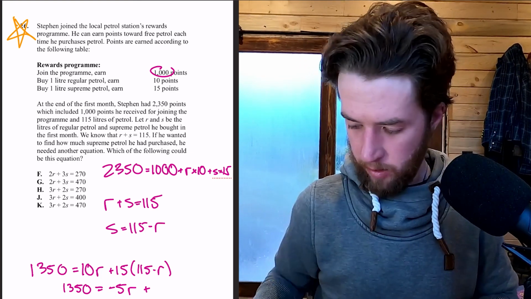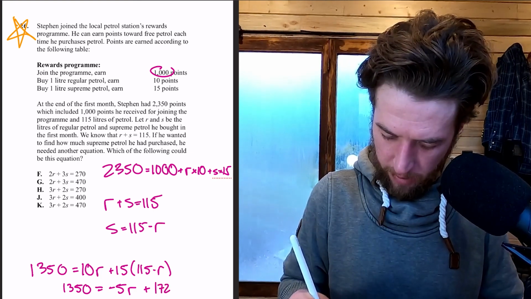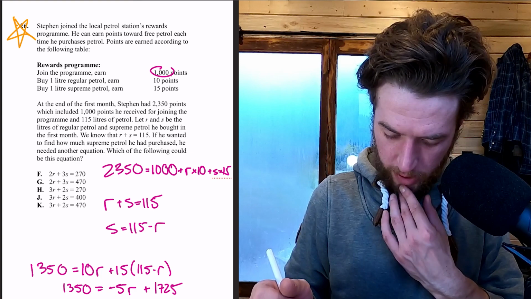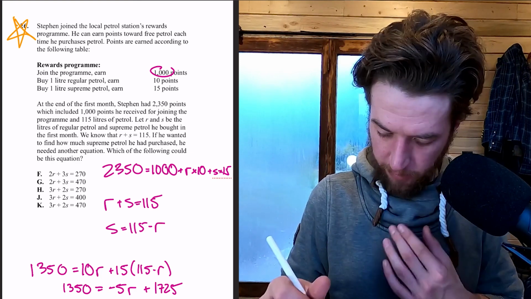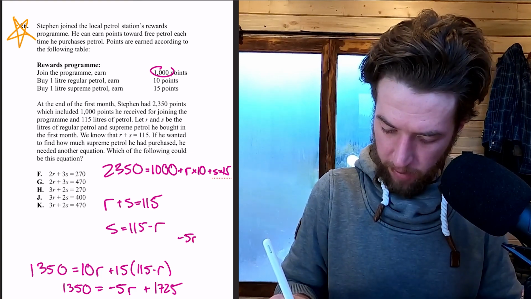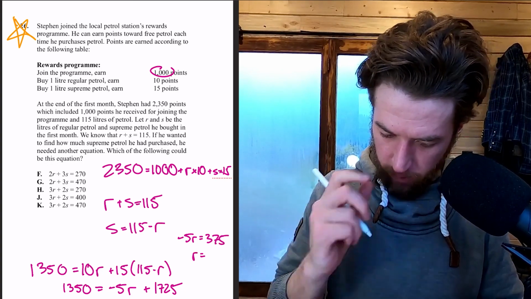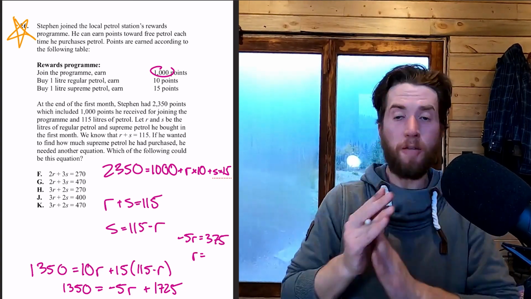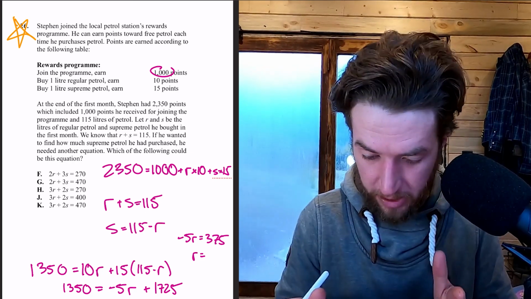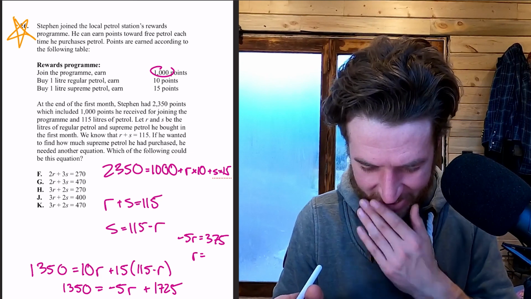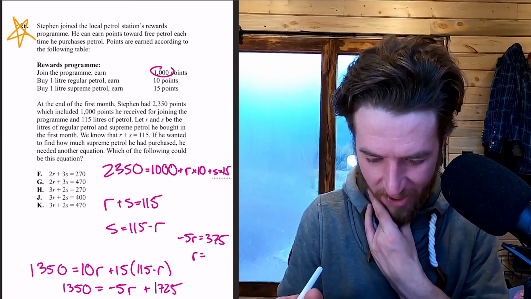Okay, so 1725 minus 1350 is 375. So negative 5R, this is messy, equals 375. Therefore, R equals, oh, I'm solving for it. I got to read the question and the answers. Which of the following could be the equation? Oh, gosh.